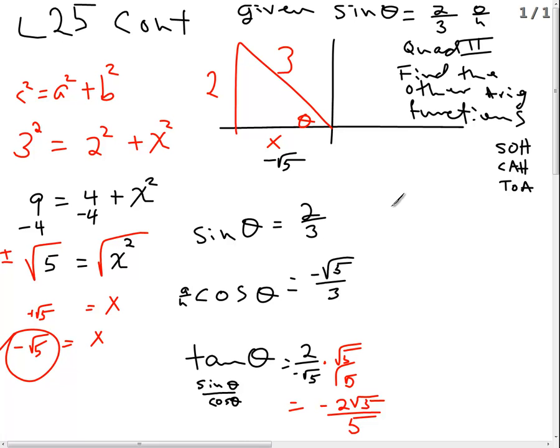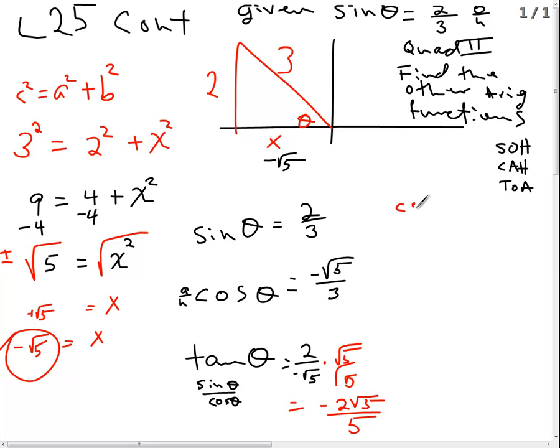All right, now, what's the reciprocal identity for sine? Dylan? Well, there's secant, cosecant, and cotangent.